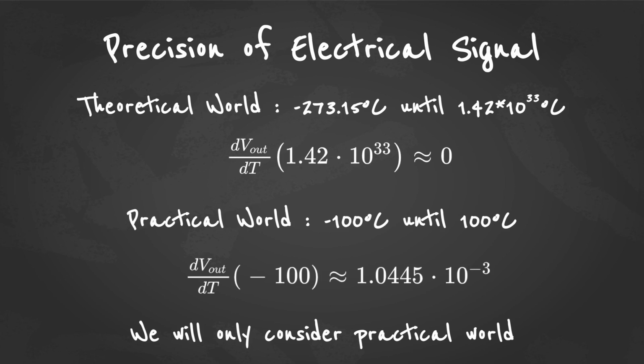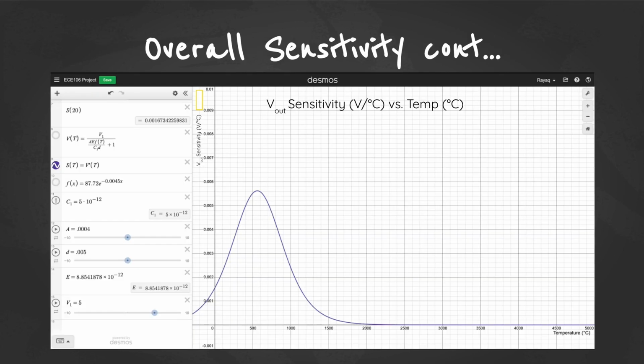So we're only going to consider the practical world, and we're going to use the value for negative 100, since that's going to be lower than the value evaluated at 100, since the function is currently increasing. And as you can see in this graph, the value for negative 100 is lower than any values above negative 100 until 100 degrees Celsius.